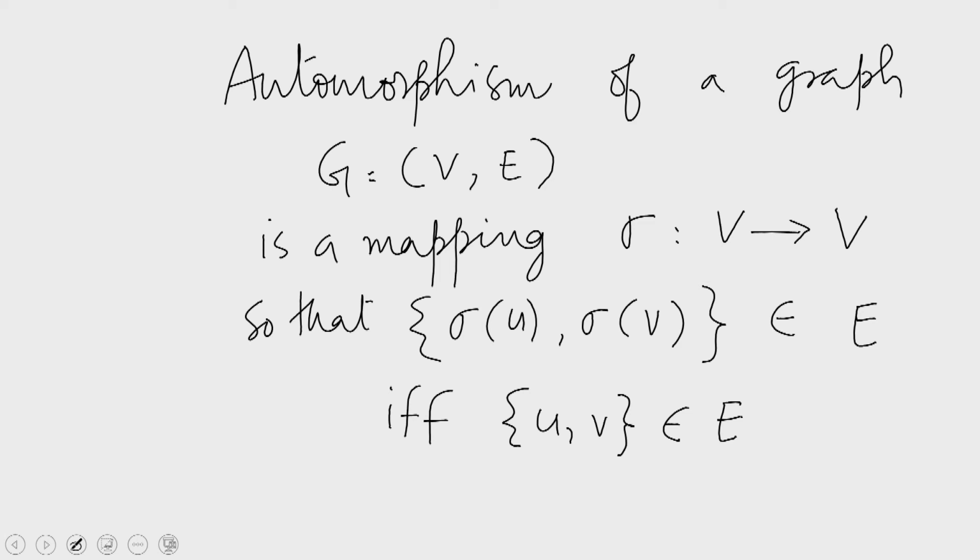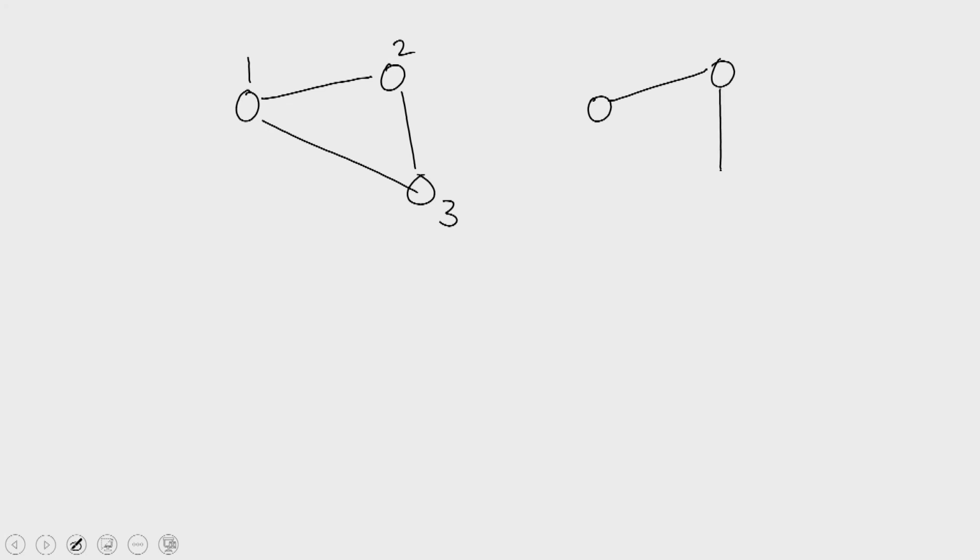For example, a trivial example would be a 3-cycle. Suppose these are the original names. If you rename the vertices in any order, we will get exactly the same graph. The same adjacency relation will be obtained.